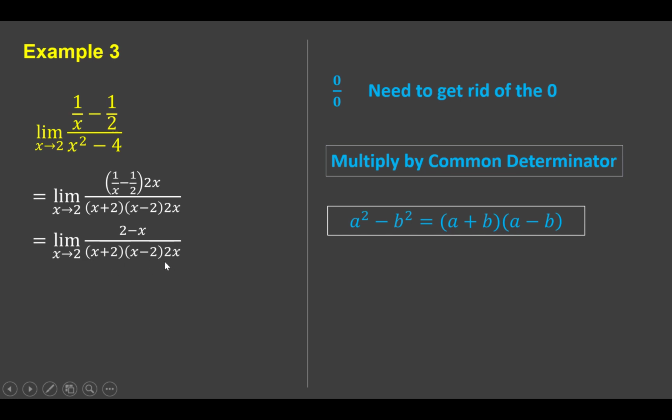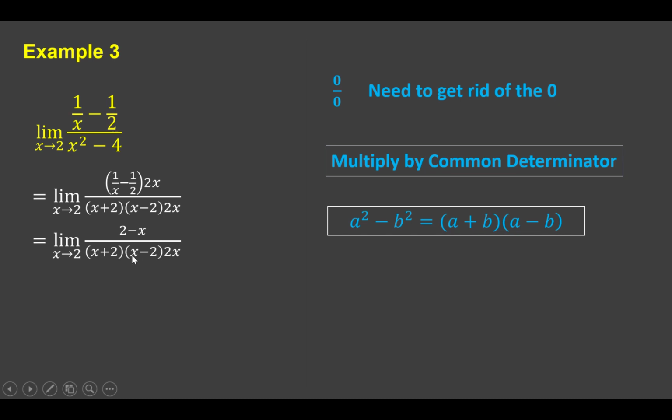Okay, and now as before, we're going to look for common factors that can be canceled out. In this case, we have 2 minus x on the top. We don't have 2 minus x here, but x minus 2 is the opposite of 2 minus x. That means you can cancel out those two, and then you're going to have a minus 1 on the top.